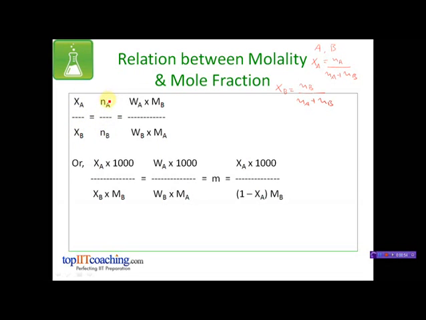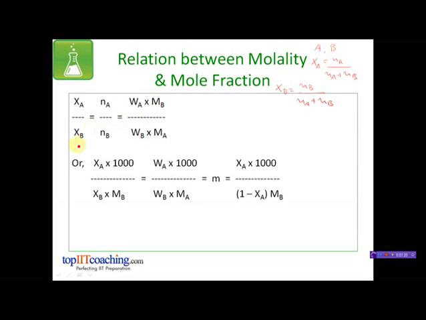Now, number of moles is equal to the weight of the substance divided by its molecular weight. So, we can write Na as Wa divided by Ma into Mb divided by Wb, where Wa and Wb are the weights of A and B respectively, and Ma and Mb are the molecular weights of A and B respectively.